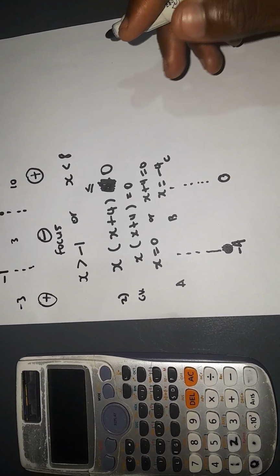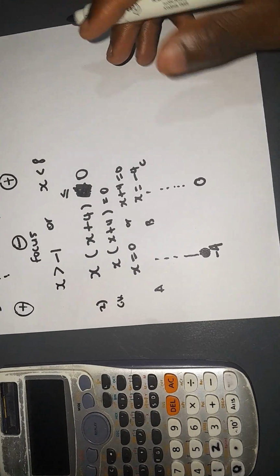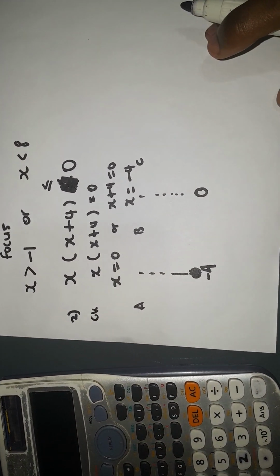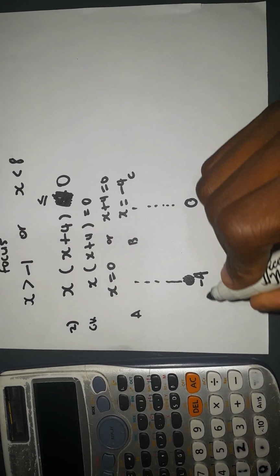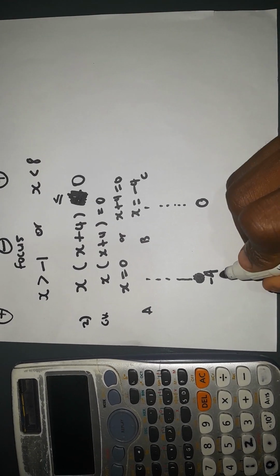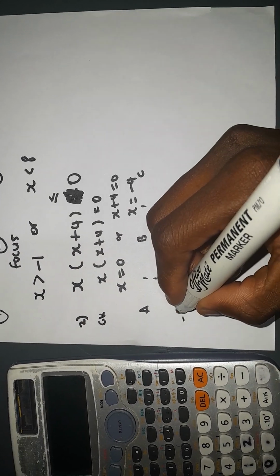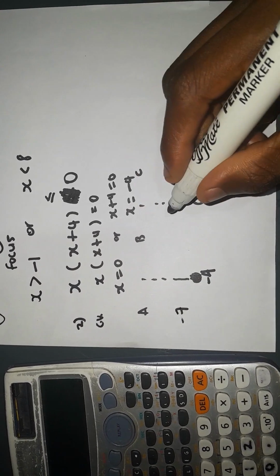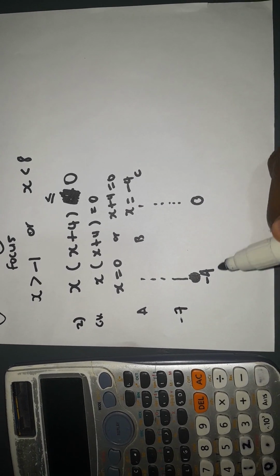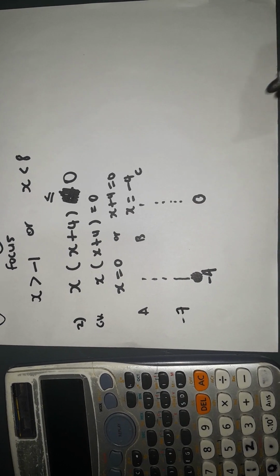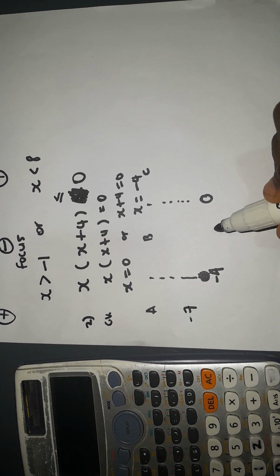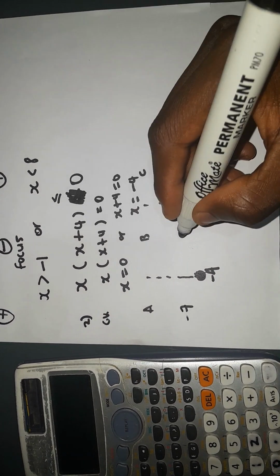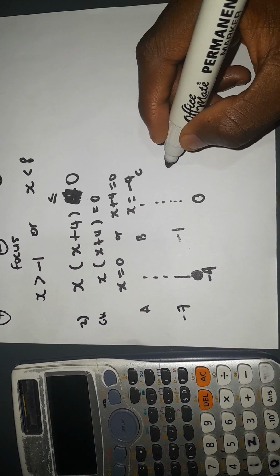So yeah, we do it according to the number line. So now from here, let's choose any number that is less than -4. We can choose -7 here. In between -4 and 0, we know it's -3, -2, -1. So let's choose -1, and here we can just choose 7.